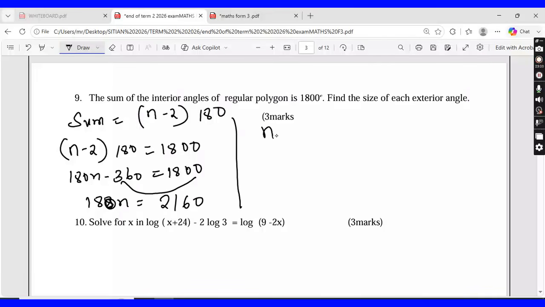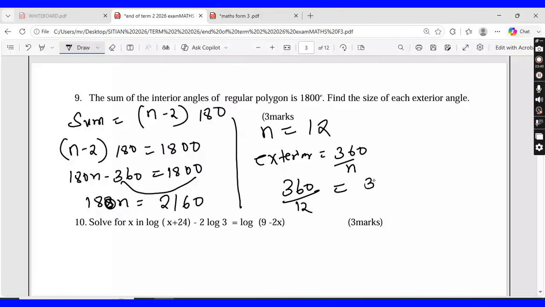So it means n, you divide by 180 both sides, and our n is 12. Find the size of each exterior angle. So exterior angle is equal to 360 divided by n, that is 360 divided by 12, and that gives an exterior angle which is 30 degrees.